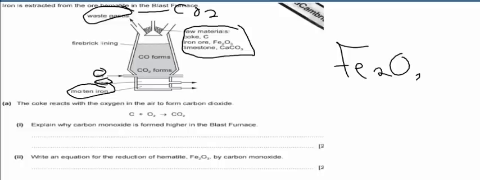Question A is saying the coke reacts with the oxygen in the air to form carbon dioxide. So that is the first process during the extraction of iron from haematite. Carbon reacts with oxygen to form carbon dioxide. After that, carbon dioxide is going to react with more coke to form carbon monoxide.